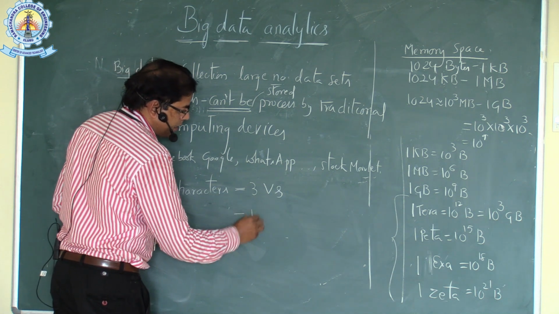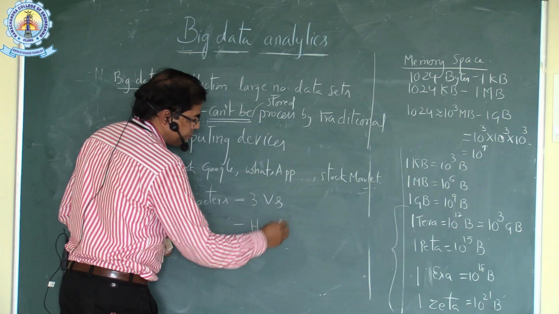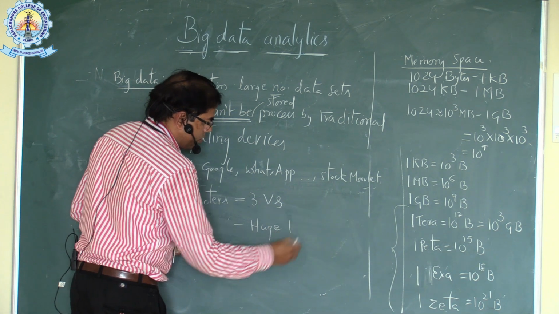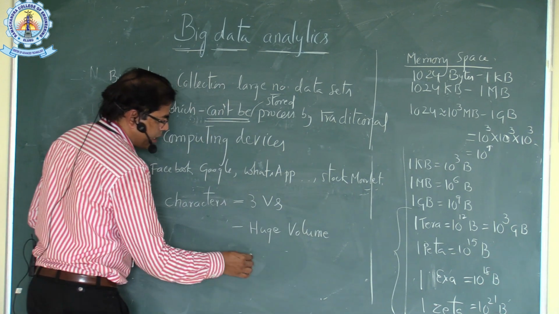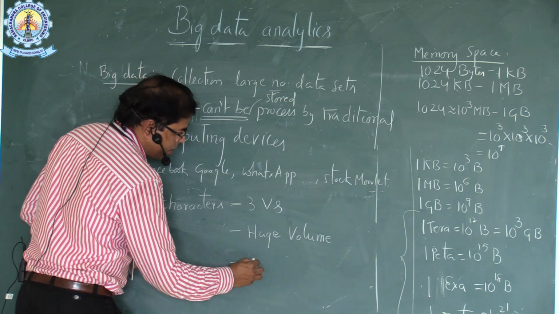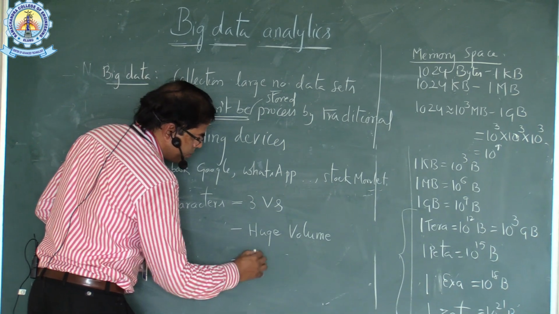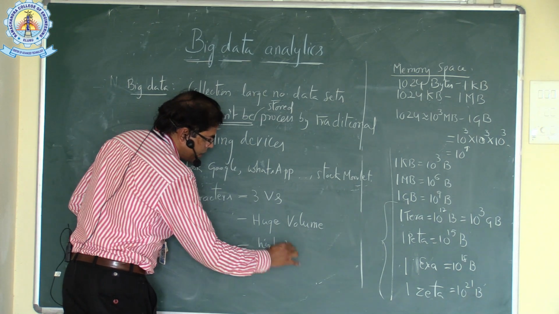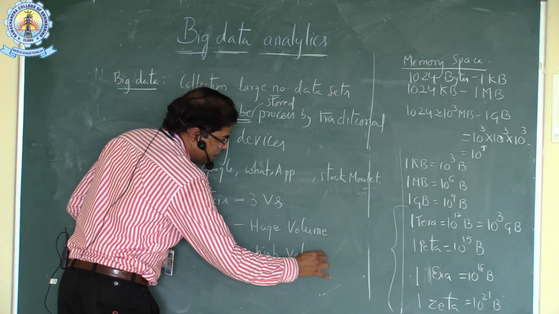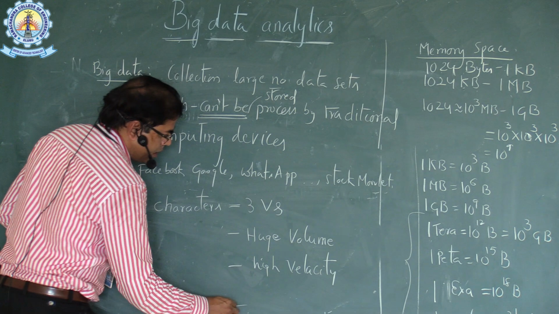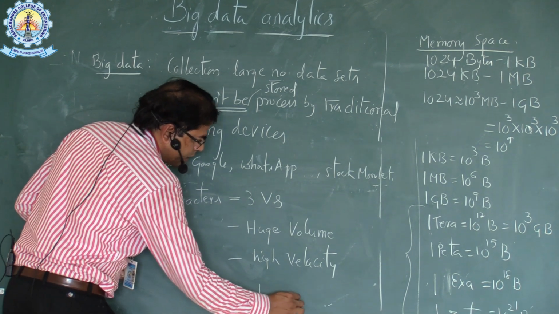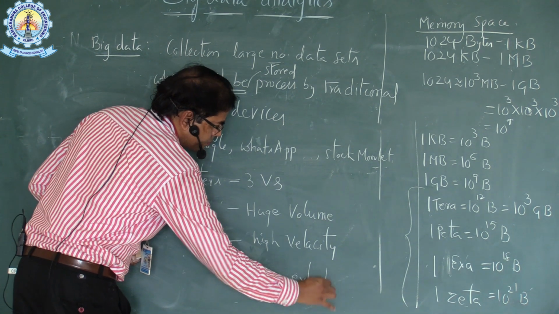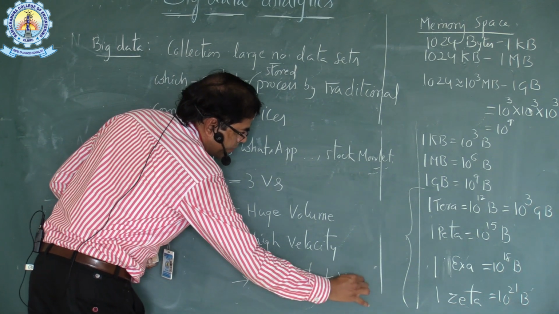One V is volume: big data is a huge volume of data. Then velocity: high velocity of data accumulating in big data servers. At the same time, a large extent of variety of data.